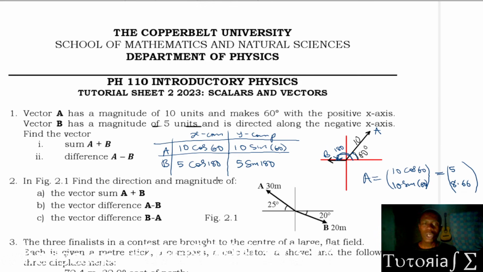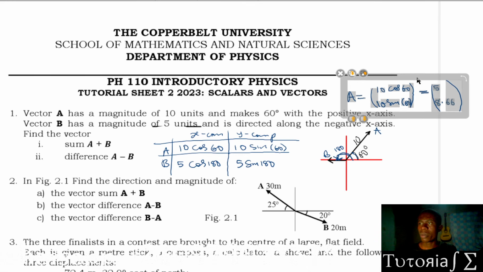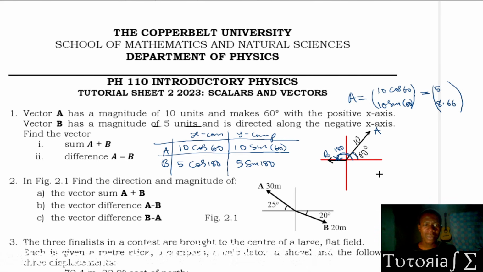So now we do the same for B. So let me just move this here. I hope you'll be able to see there. So that is A. Then for B, we do the same. So B will be equal to the X component of B, that is 5 cos 180.